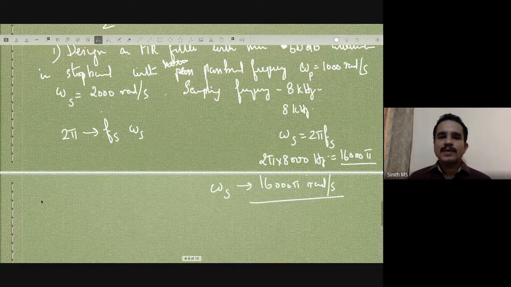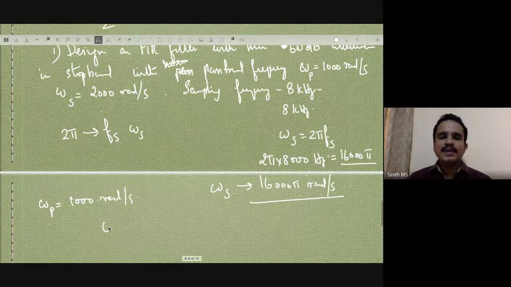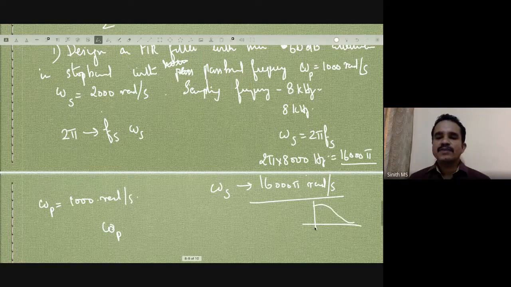And what is omega p? It is 1000 radians per second. So basically your omega p, if you consider this as response from 0 to 1, these are normalized. So you have to divide everything by omega s.